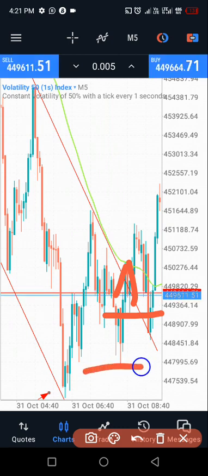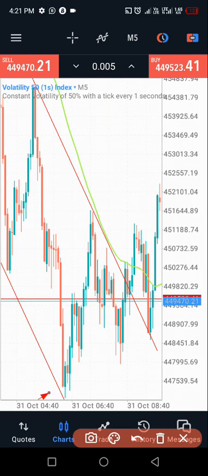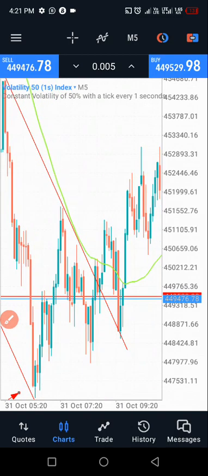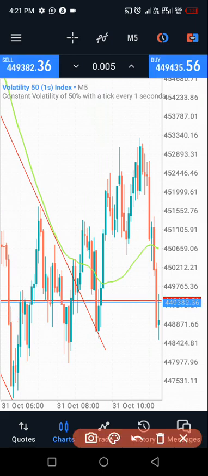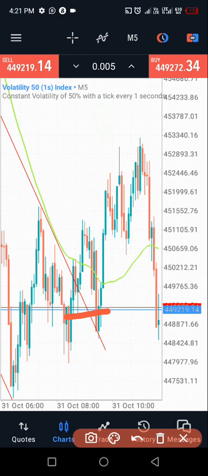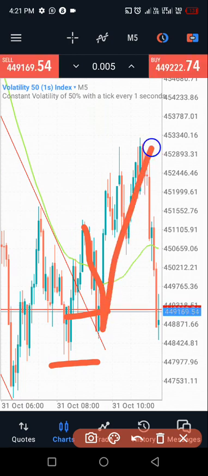So after entering the trade here, my stop loss was somewhere there. You notice that the market came back a little, but it never hit my stop loss, and then it went up. So that was how I was able to make that $30.